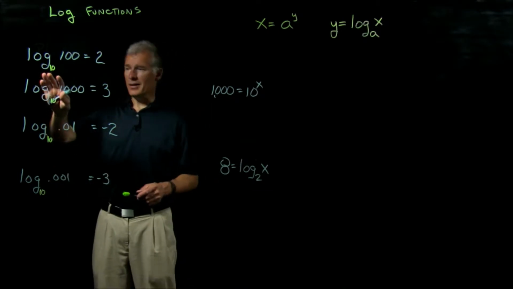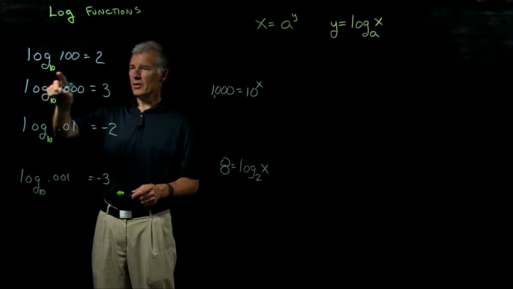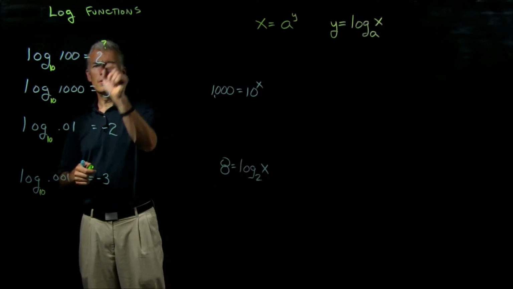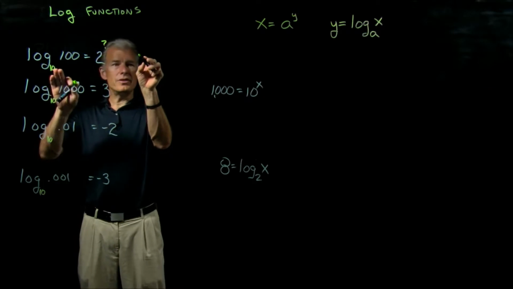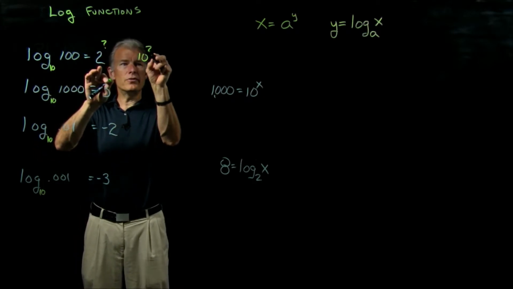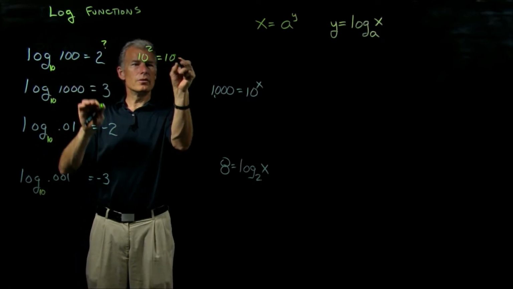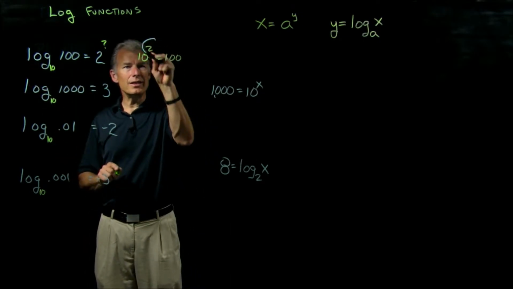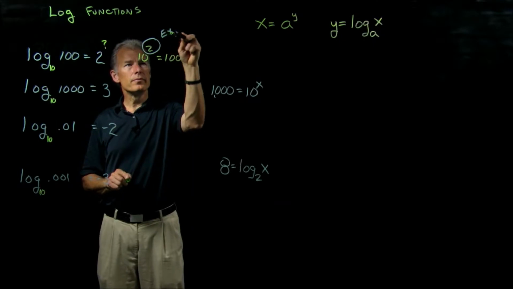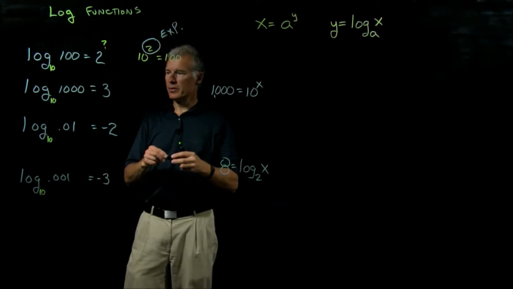So what it says is 10 raised to some exponent will give me a 100. Let me write that out. What it says is 10 raised to the power of 2 equals 100. So when you push the log button on your calculator, it's going to give you the exponent.